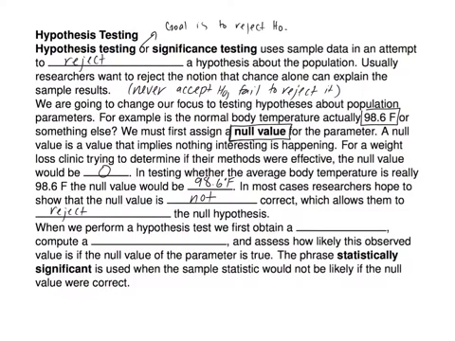And when you perform a hypothesis test, first, you obtain a sample. Then you compute a statistic. And you assess how likely this value is if the null parameter is true. And the phrase statistically significant is used when the sample statistic would not be likely if the null hypothesis were correct.